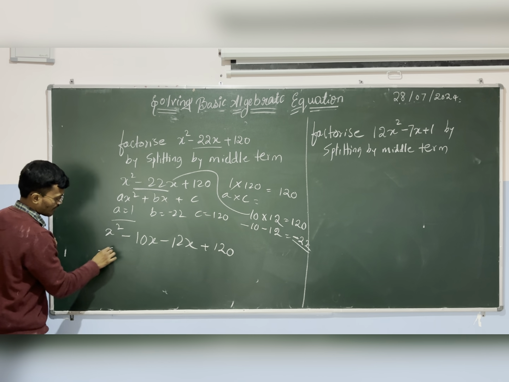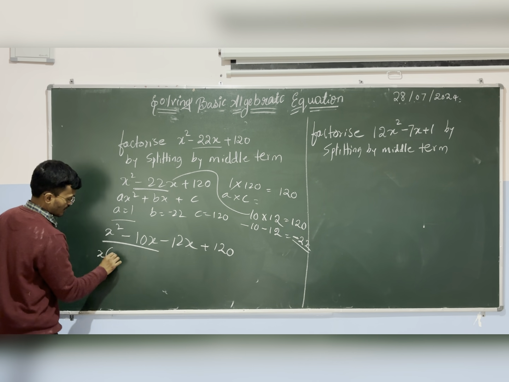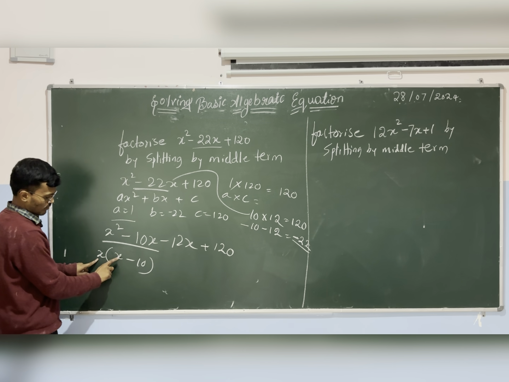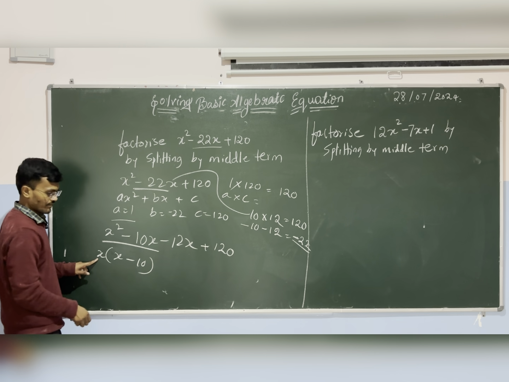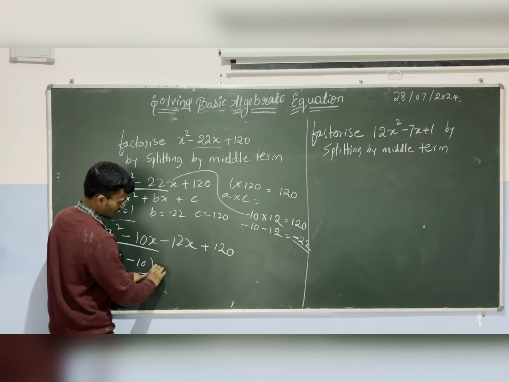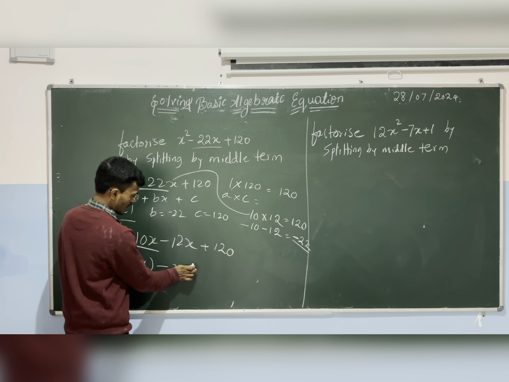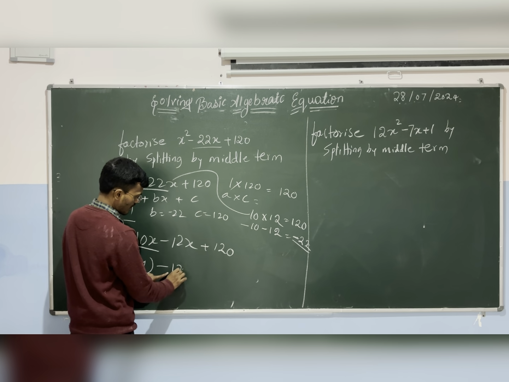Now x is common among the first two terms, so x into (x minus 10): x into x is x square, x into minus 10 is minus 10x.